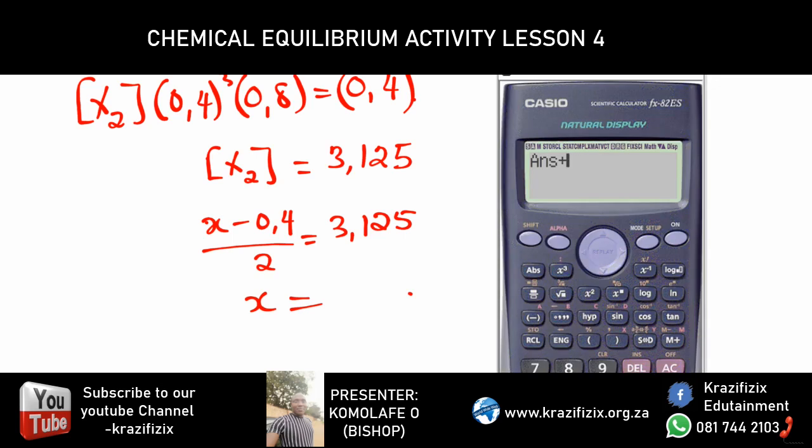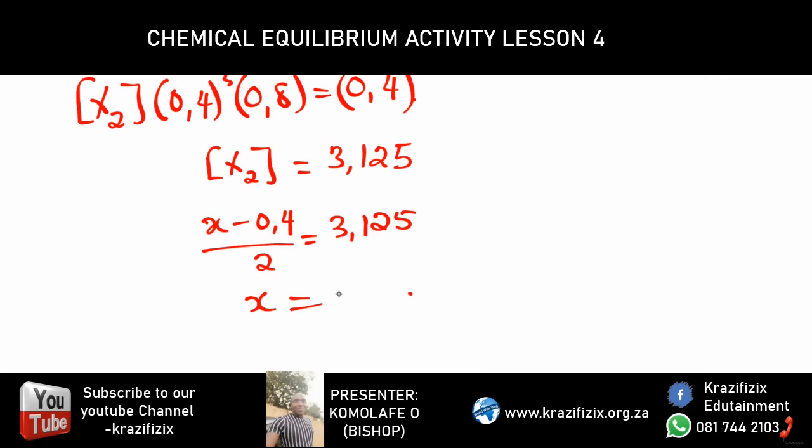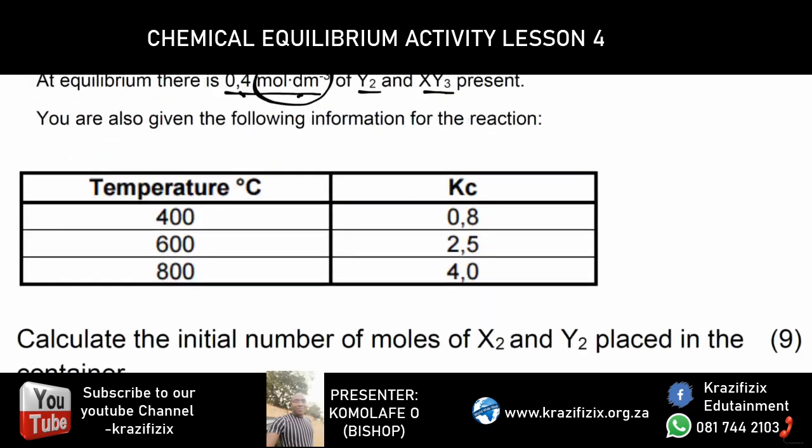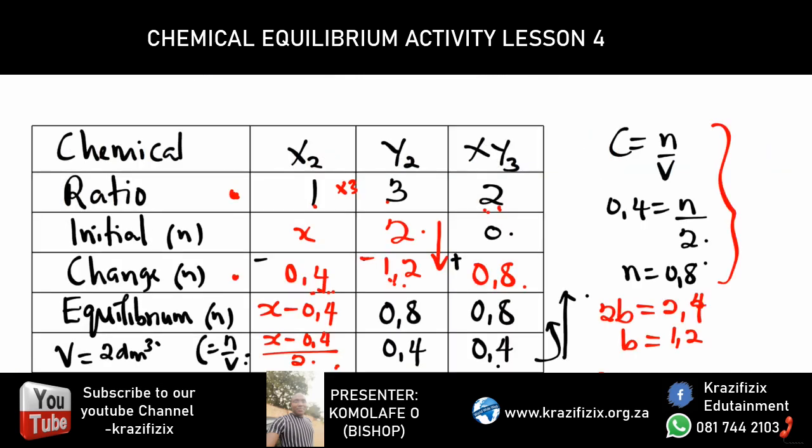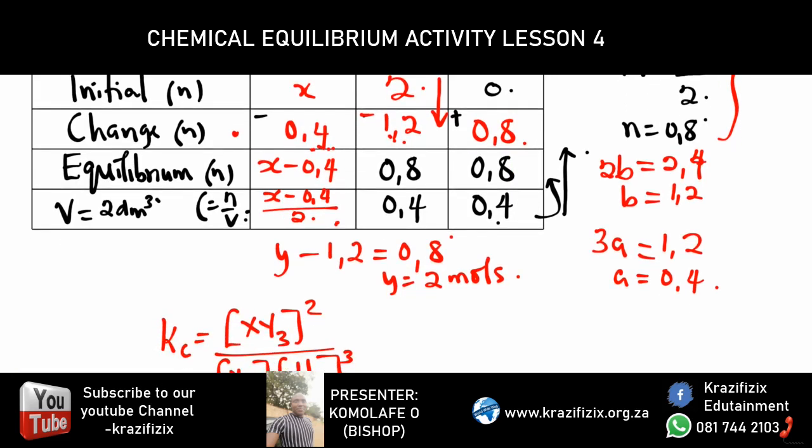It becomes plus 6.65. And it is moles. X was in moles. And that's your question there, guys. You would see this is a bit lengthy. It's 9 marks there. Calculate the initial number of moles of X2. All right. So I'm going to ask you to please rewind and work through it together again.